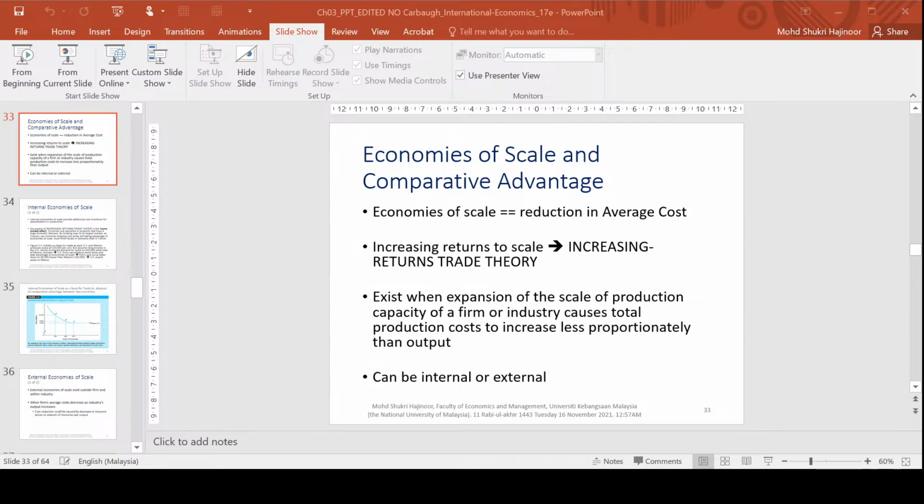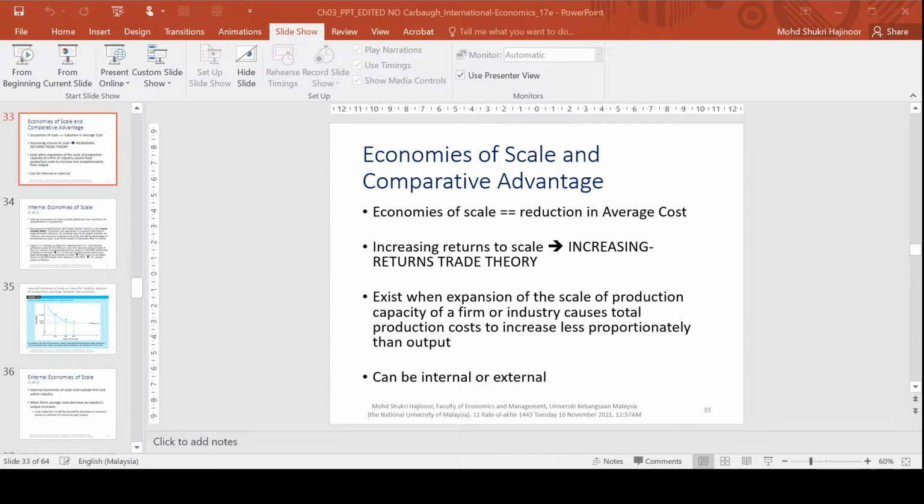So, ceteris paribus, when we discuss number 4, number 5, number 6, number 7, technology as a source of competitive advantage, number 8, industrial policy, from 4 to 8, five subtopics, we do ceteris paribus.